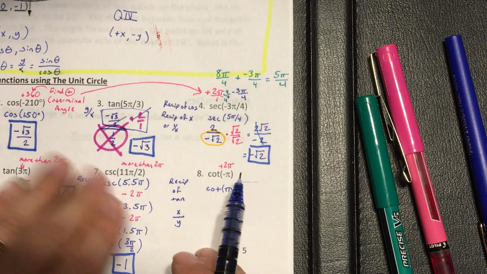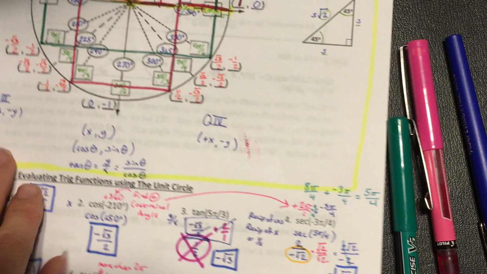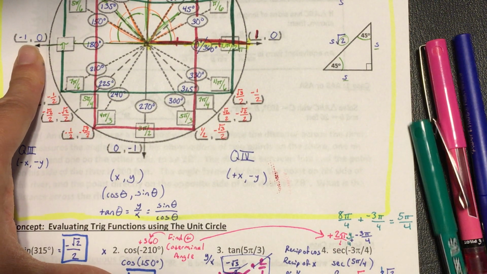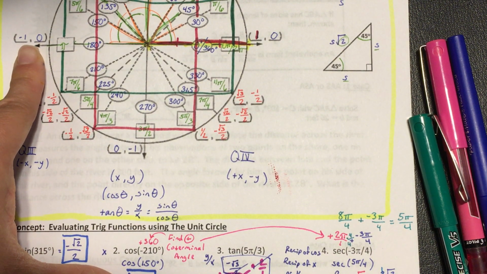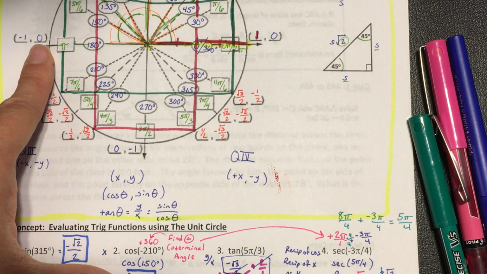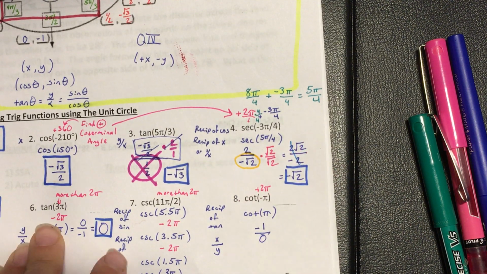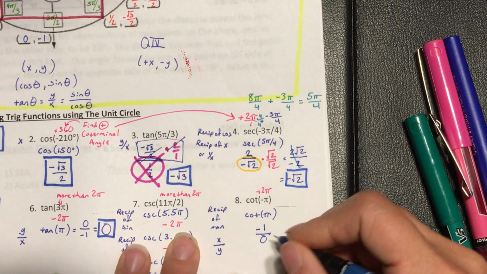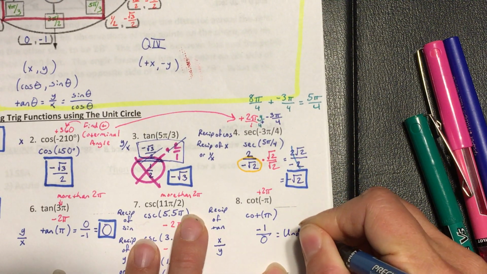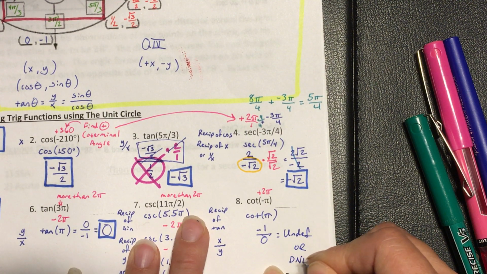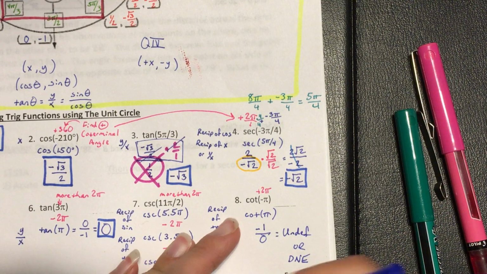So if I look at pi, its x value is negative 1, and its y value is 0. Uh-oh. So negative 1 divided by 0 is undefined, or you can say DNE, for it does not exist.